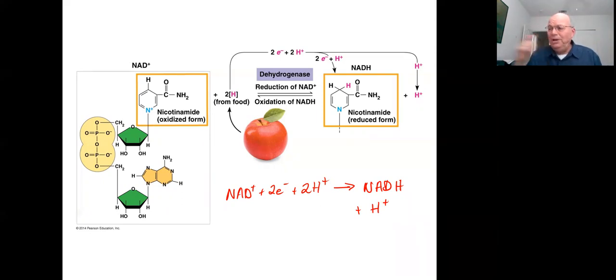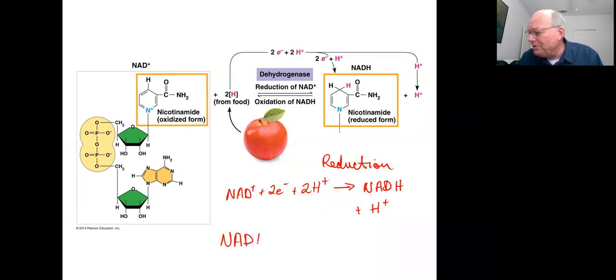So this is the equation that goes on with the NAD+ and the electrons that are being extracted out of glucose. The vast majority of them are going to wind up being used to reduce NAD+ to NADH. But you notice that there is a bidirectional arrow here in the diagram.